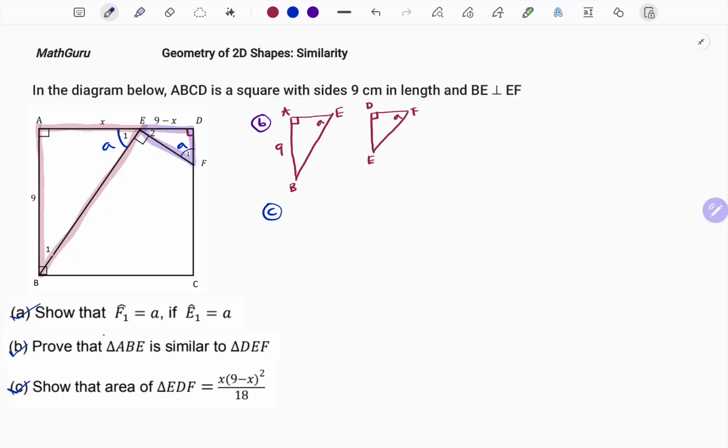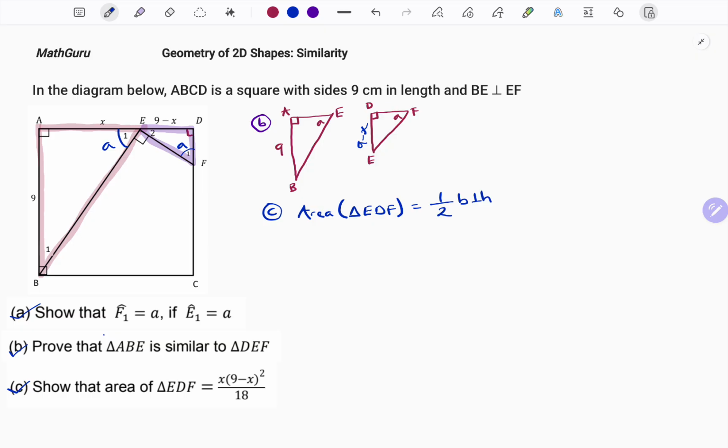So I'm going to start by stating that the area of triangle EDF is equal to the formula for finding the area of a triangle, half times base times the perpendicular height. Now, if I look at the triangle EDF using the diagram from the previous question, we are given DE to be 9 minus x. So I'm going to write 9 minus x here.